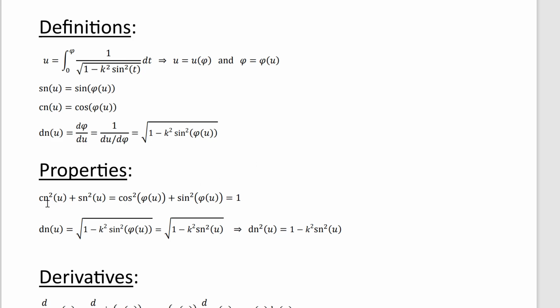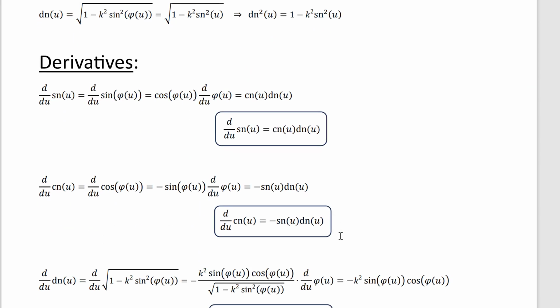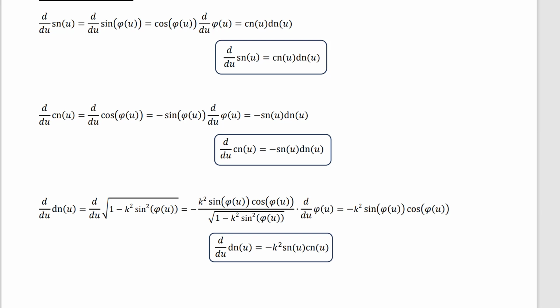Again, properties: cn squared plus sn squared is cosine squared plus sine squared, so that has to be 1. dn is the square root of 1 minus k squared sine squared, so dn squared is 1 minus k squared sn squared. I said to look at the derivatives this way first.